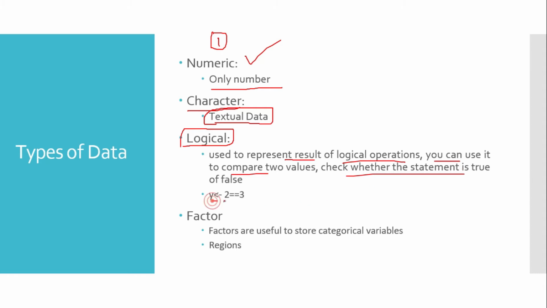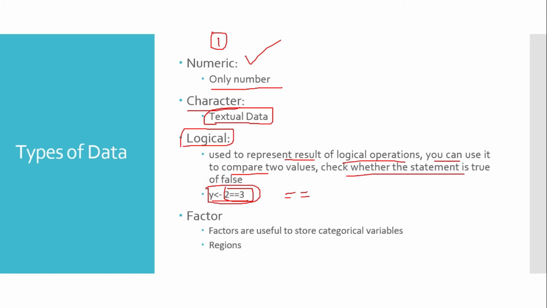We're going to check that: if we say that y is an object and we give the statement 2 is equal to 3. Remember, when you write the equal sign in R, you write it twice, equal and then equal. So this statement says that 2 is equal to 3, which is not true. So if we run it, it is going to give us FALSE. This is logical data.